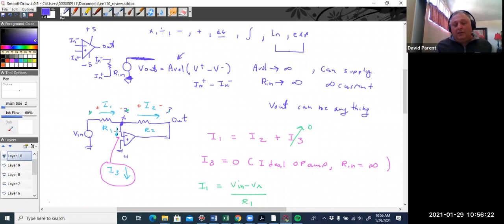And so now Vx equals 0. Now, here's the thing, what is really going to happen is that V minus will equal V plus, because what if this isn't at 0, right?